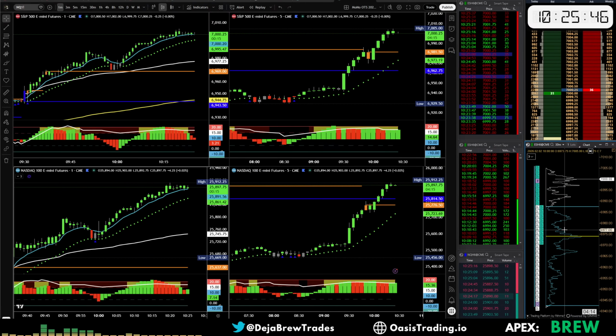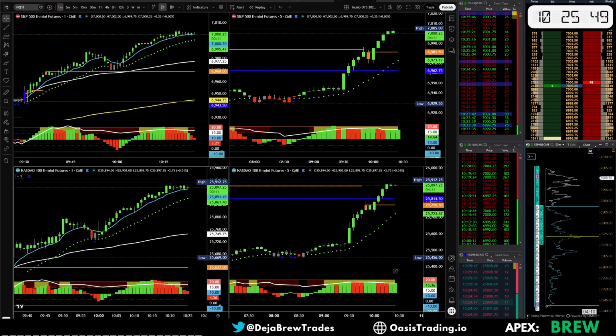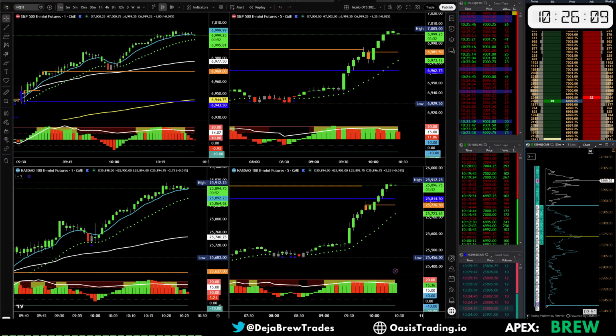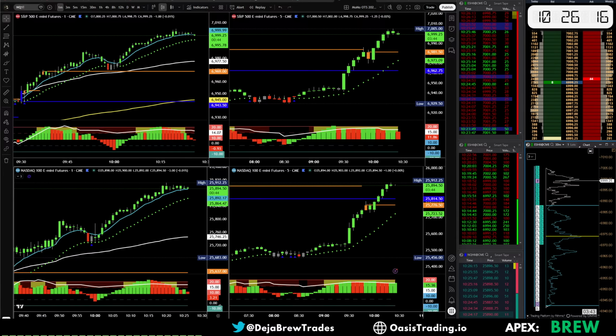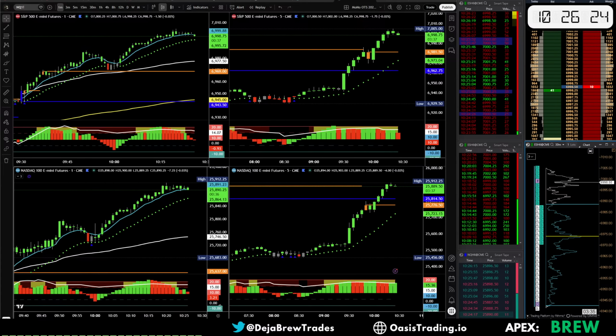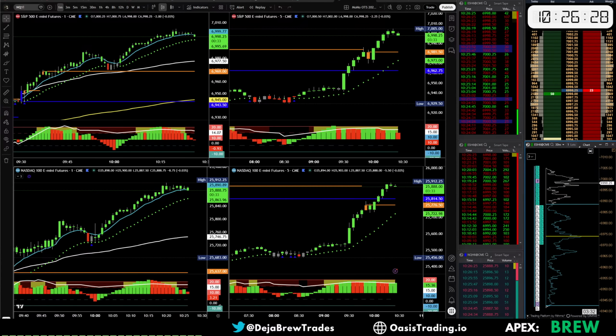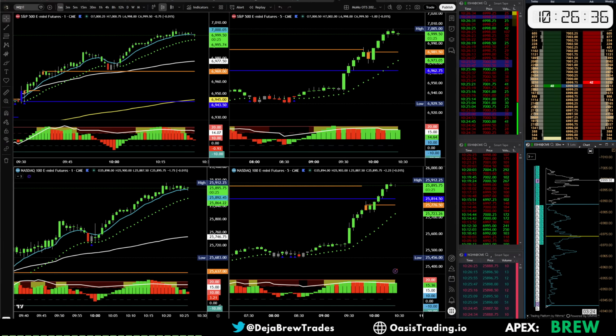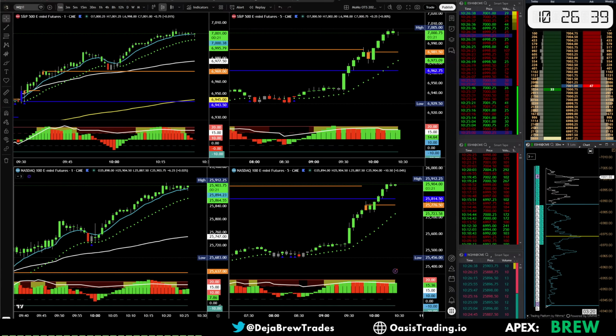If it hangs out on this node a little bit longer, you should shift that POC up. Want to reso?